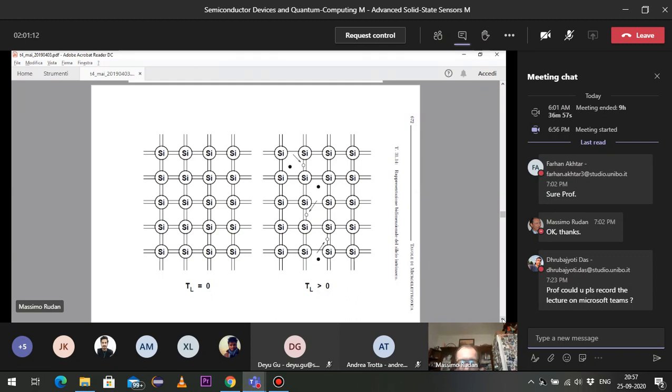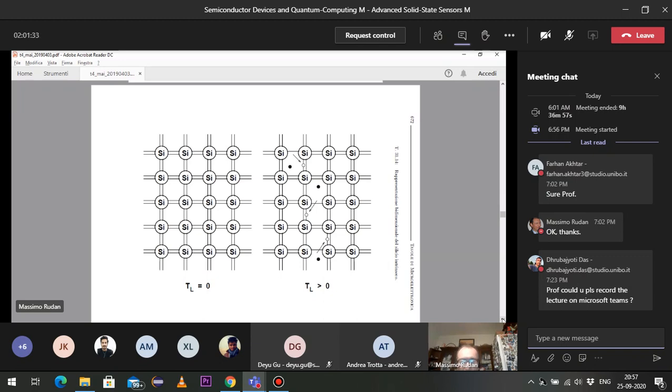These are actually movements of electrons, but we prefer to describe them as movements of holes in the opposite direction. These electrons move from one atom to the other by tunnel effect. It is a quantum effect that we don't have time to describe.